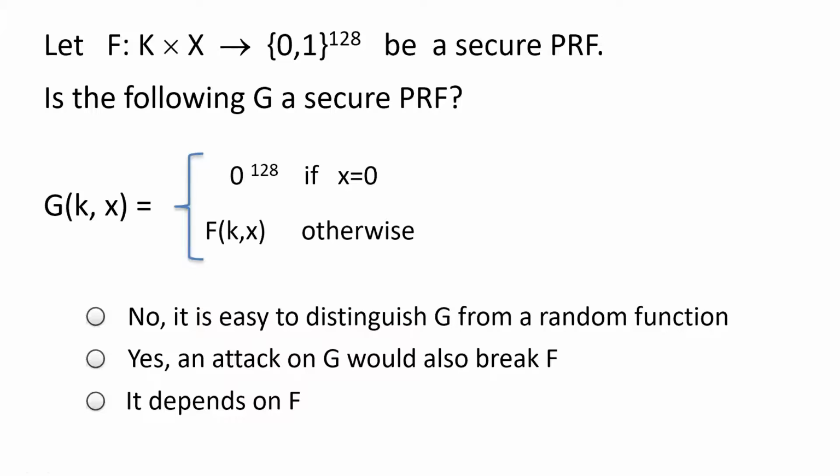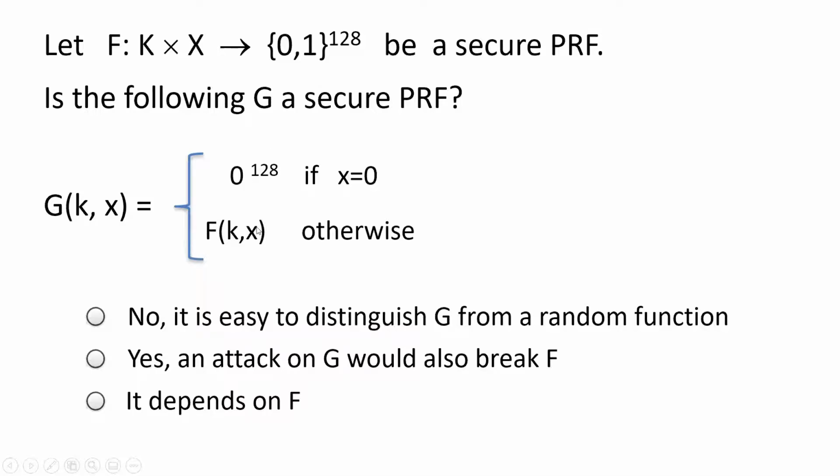Let's do the following experiment. You have a random function from domain X to a range of 128-bit strings. And let's say you modify it like this. On key k and input x, you just run f of k with the same key and same argument on all x's except where x is all zeros, in which case you return a 128-bit string of zeros.